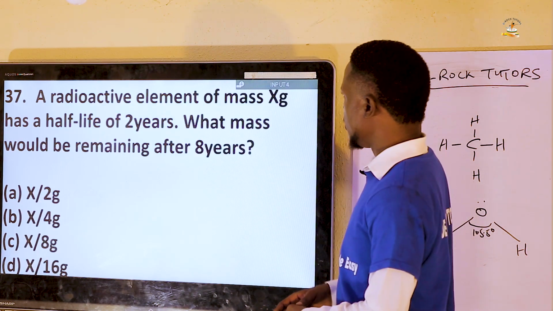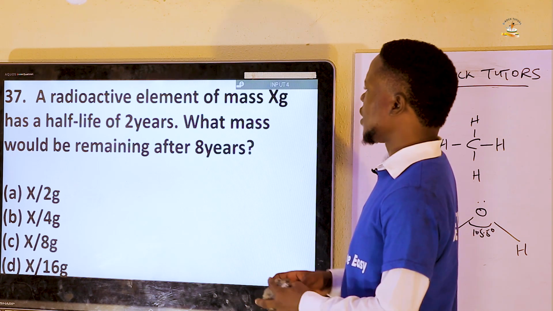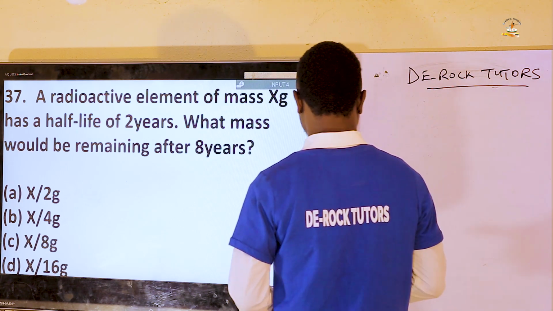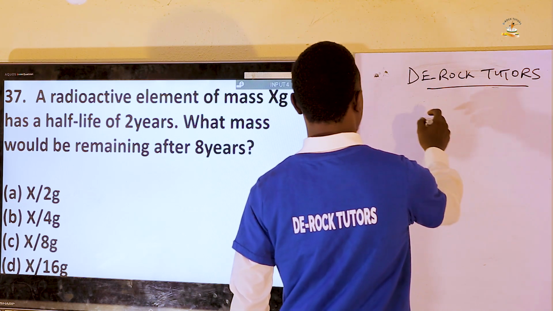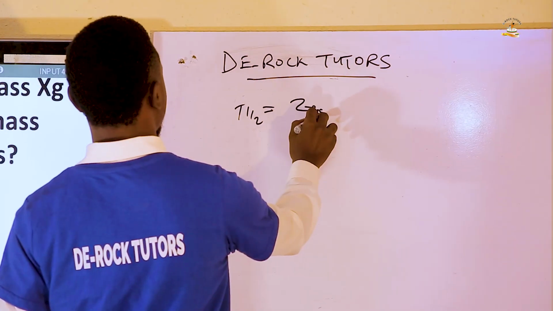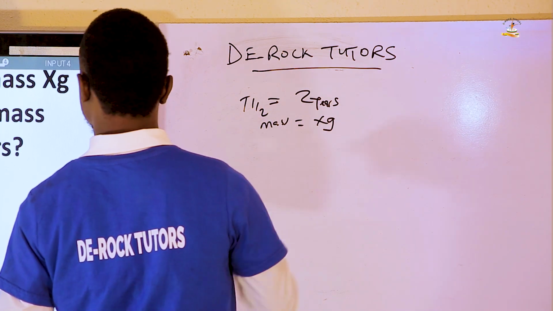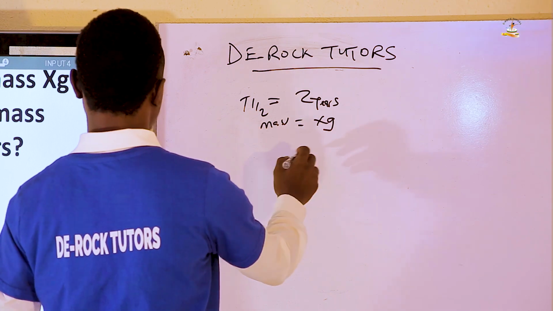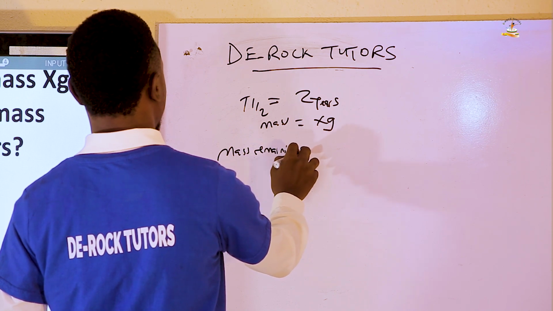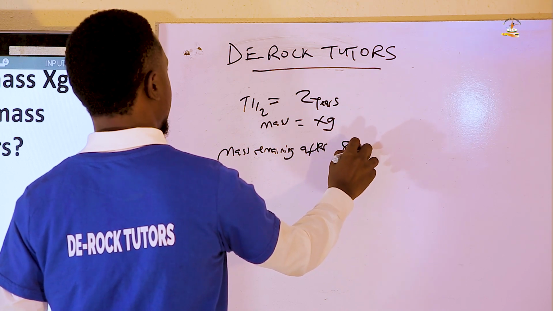37. A radioactive element of mass X gram has a half-life of 2 years. What mass will be remaining after 8 years? Now, to solve this, the T half is 2 years. Mass is X gram. Then what mass will be remaining after 8 years?